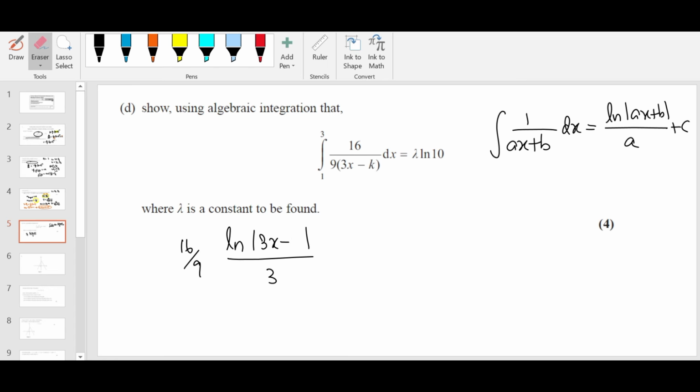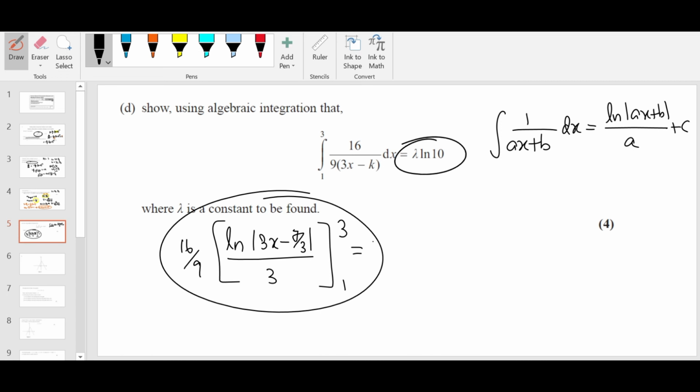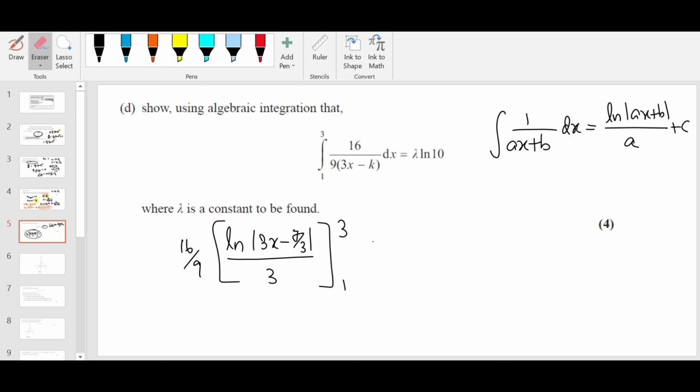But I'm going to replace k by 7/3. And then the limit is 1 to 3. He has given us lambda ln 10. So probably we write this whole thing in the form of lambda ln 10. You don't need to equate it to lambda ln 10.